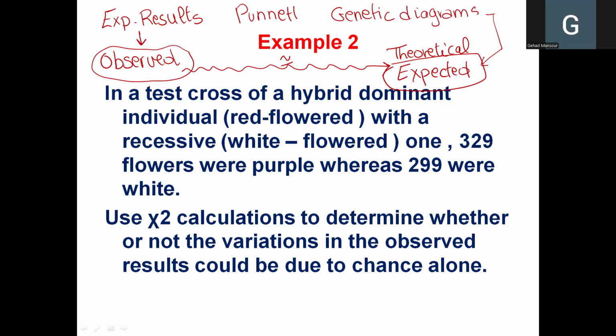There are differences between the expected theoretical results obtained from the Punnett squares and the genetic diagrams and the observed results obtained from the experiment. So there are always differences, but the differences might be minor, or scientifically speaking, we can say that they are insignificant differences.